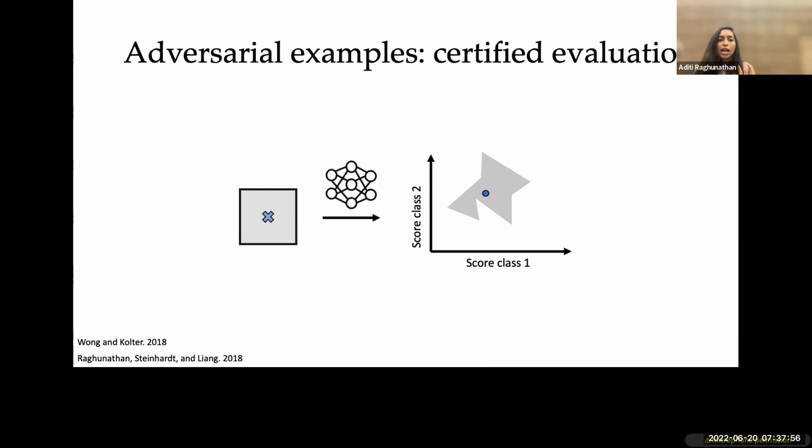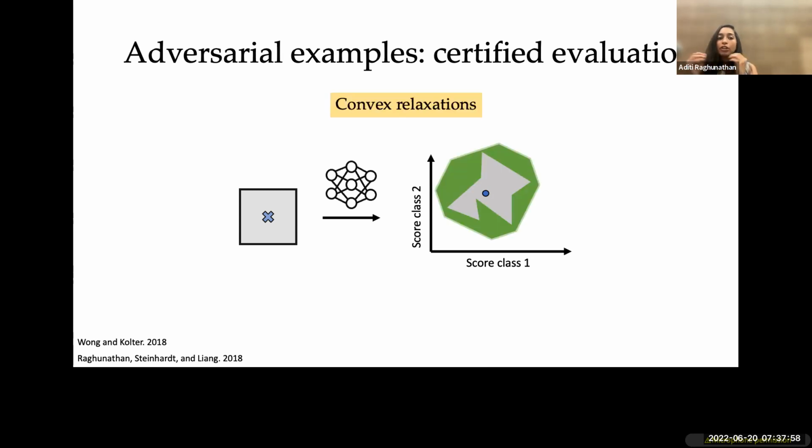Rather than looking at this exact non-convex set that corresponds to your perturbations, let's make our life easier and instead look at this wider convex object that encompasses everything that actually comes from perturbations. If we show that this entire set is correct, or that the scores obey the property that you want, then we know by construction that everything inside, which actually corresponds to perturbations, also has that guarantee.